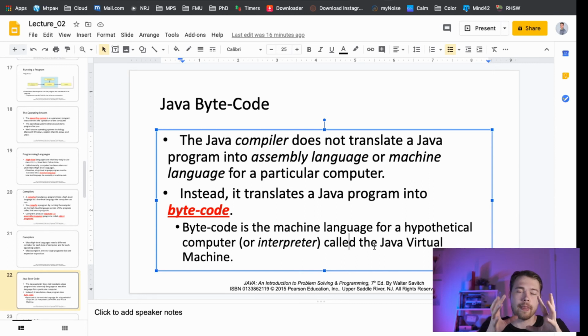So if I'm creating software using Java, for my Mac OS or for my Windows, I don't have to create a second version for another chip. I can create the source code, compile it, create the bytecode, and send you the bytecode.